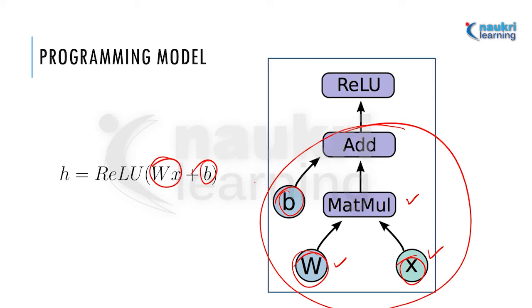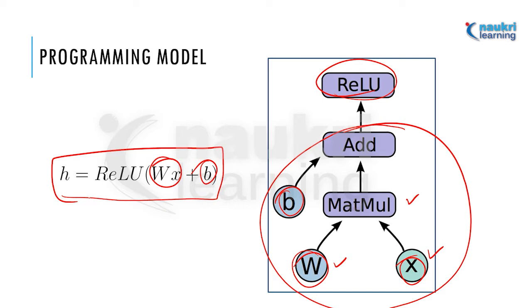Here in this example, I'm applying the ReLU function, which is one of the activation functions, which helps me scale it in such a way that I get only positive values as an output. So this is the working of this overall programming model, or in this overall equation, I'm applying this ReLU activation function on top of the dot product between my weights and the inputs plus my bias term.